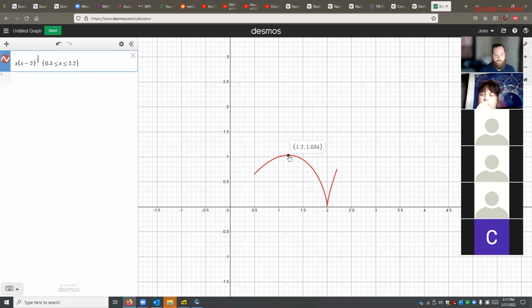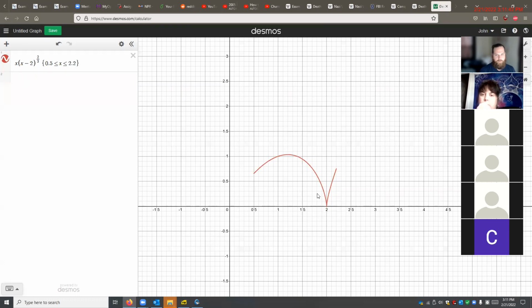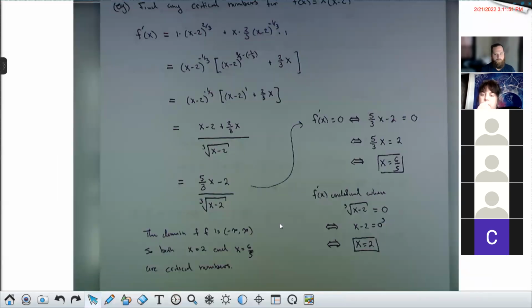Now your absolute max would be right here, which is that 6/5, and your absolute min would be right here at 2. And the purpose of this example is that critical numbers can show up from the derivative being undefined. Extrema can show up at cusps, right?